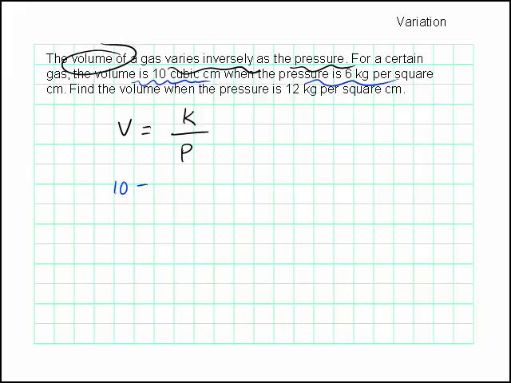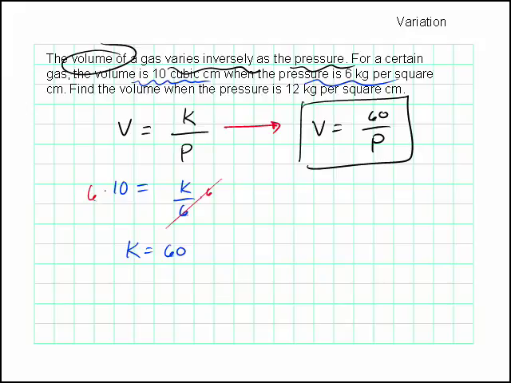Volume 10, pressure 6. Multiply both sides by 6, and you get k is 60. Remember, you got to multiply both sides by 6 like that. Cancels. K is 60. So this equation is actually V equals 60 over P. Inverse variation equation. Let's use it to answer the question.